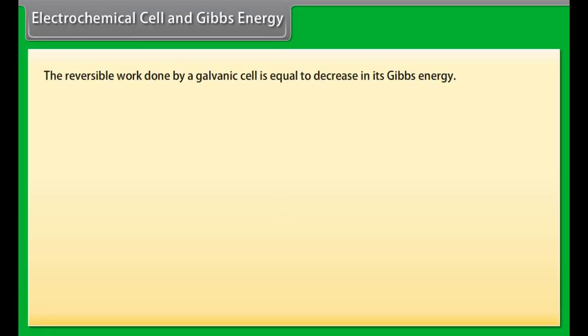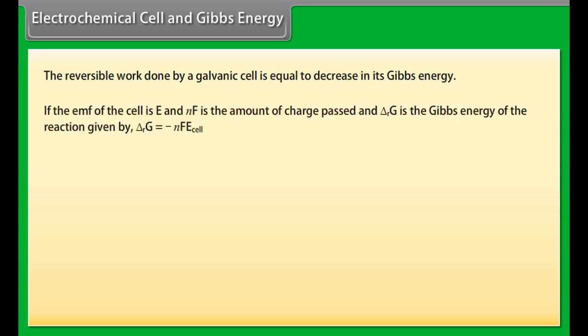The reversible work done by a galvanic cell is equal to the decrease in its Gibbs energy. If the EMF of the cell is E and nF is the amount of charge passed, and ΔrG is the Gibbs energy of the reaction, then ΔrG is equal to minus nF E cell.